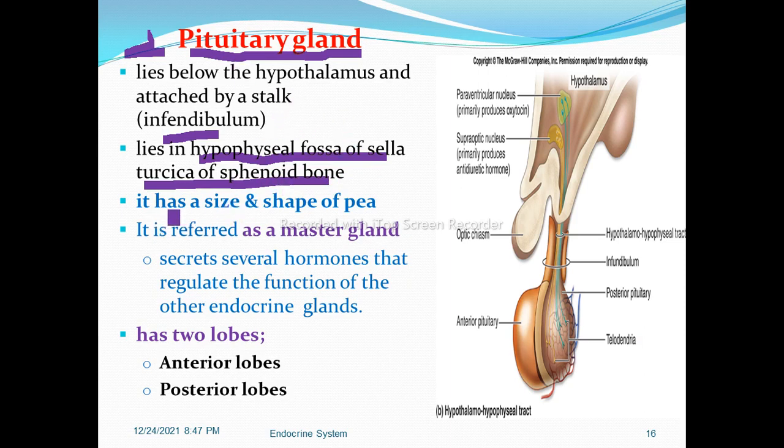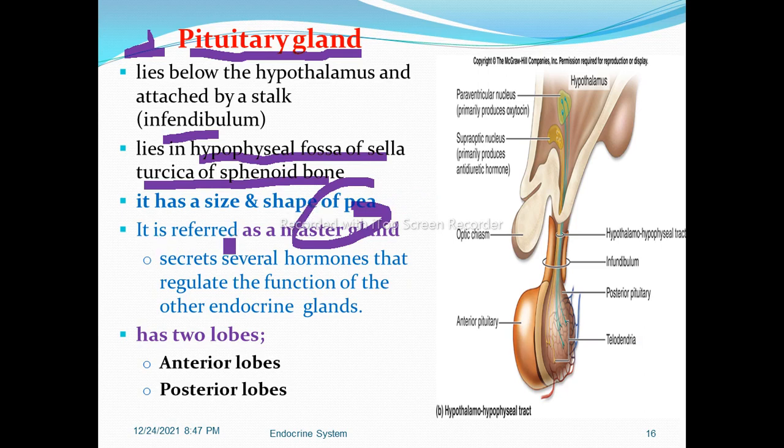The pituitary gland has the size and shape of a pea. A pea is a type of grain, very small, so the gland seems like a pea.